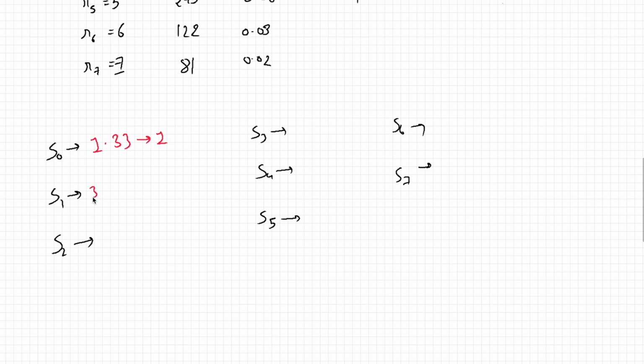S of 1 was 3.08, and we round it off as 3. S of 2, if we calculate it similarly, would be 4.55, and we will round it up to 5, because it's greater than 4.50. Then S of 3 is 5.67, we round it off to 6.